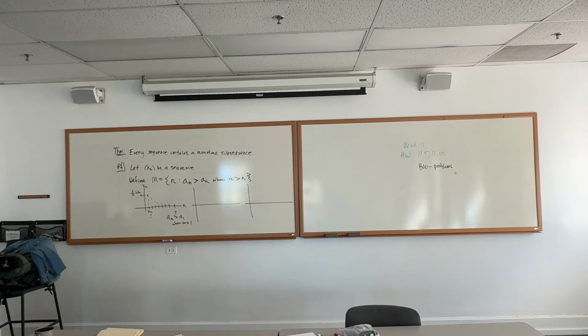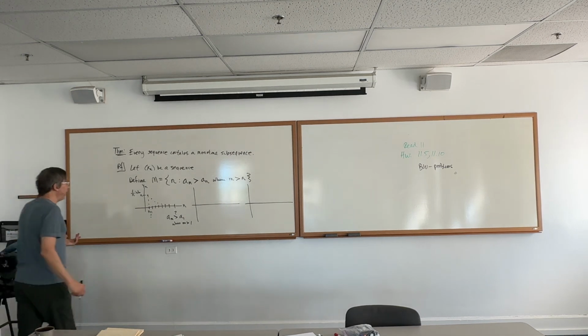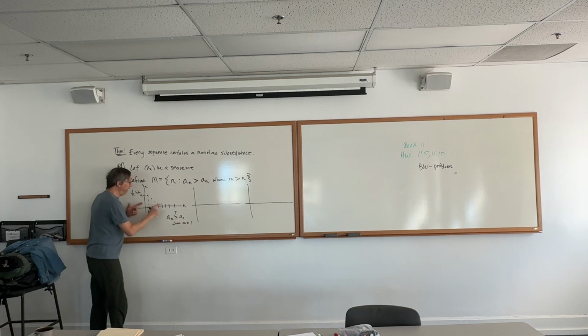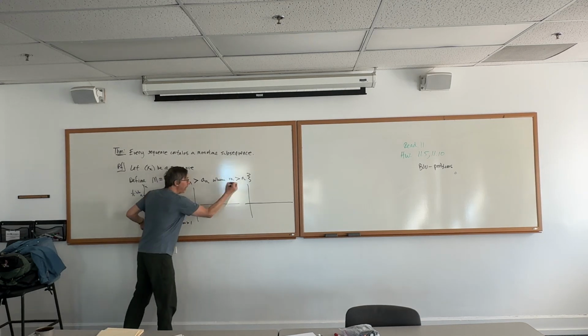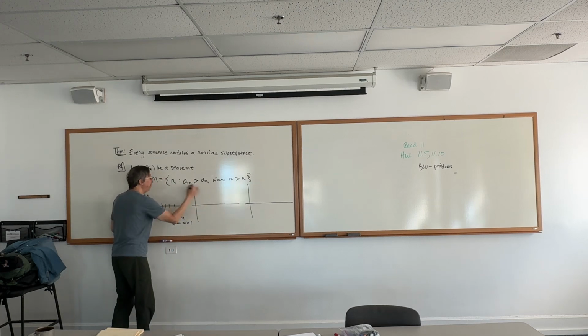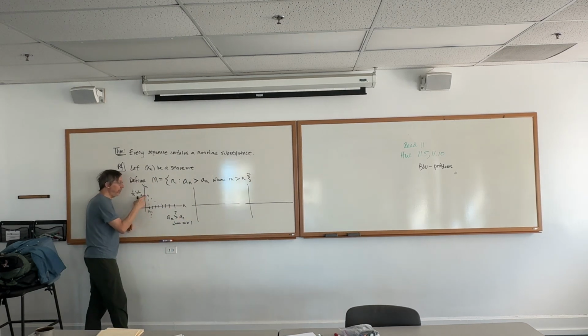No, you're shaking your head no. How come, Cormac? Going down. Because they're less. There's nothing to the right of it that goes up. So 1 is not in there.